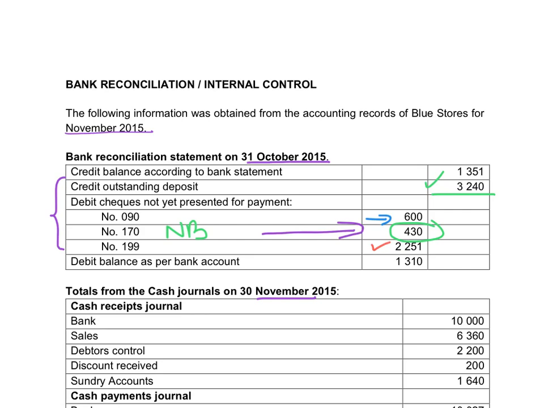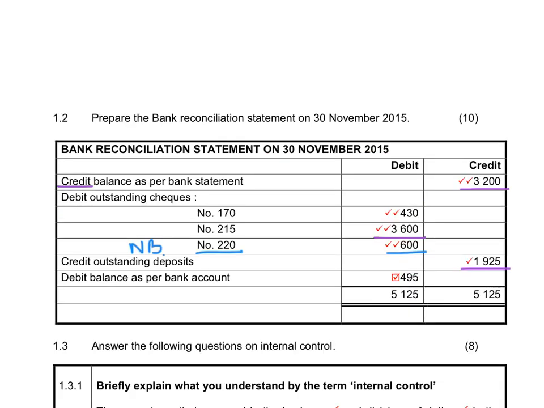So at this stage, this check is still outstanding and will be shown in the bank reconciliation for November again as an outstanding check. So in this bank recon, we will show that check number 170 for 430 will be paid out in the future.